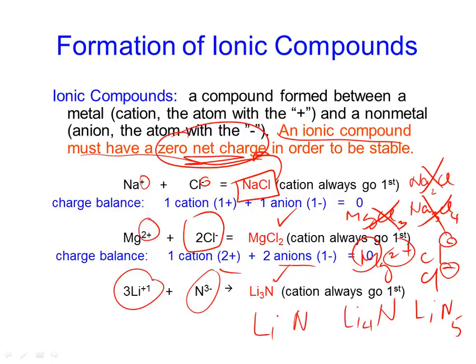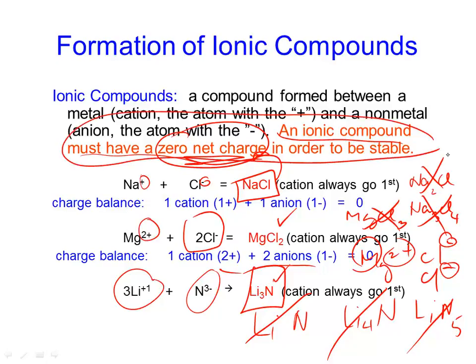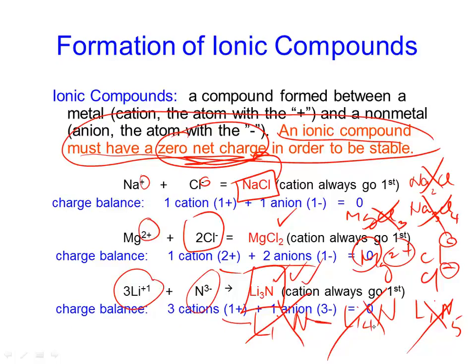You should be able to say this is the correct formula, not this, not this, not that. Why? Going back to this rule right here, zero net charge to make the ionic compound stable. This one is stable, not this one, not this one, not this one. Okay, so then 3 cation, 1 plus, 1 anion, 3 minus, you got a 0.